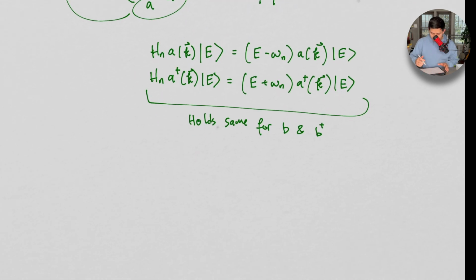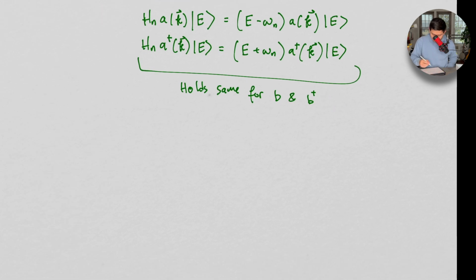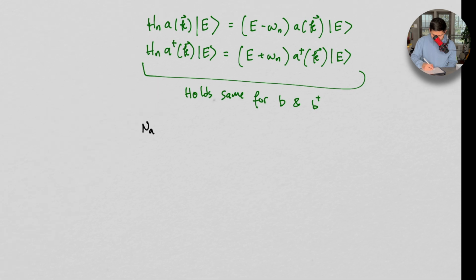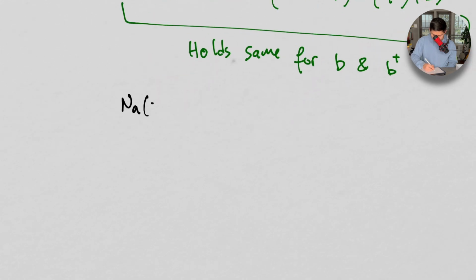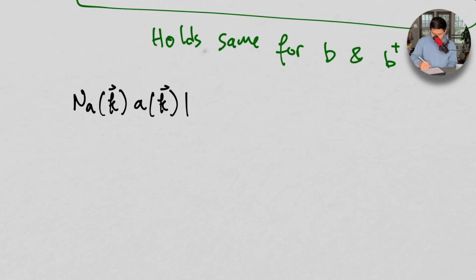Right. And what we're going to find again is NA. That's going to be our number operator at K, the number of particles with a certain momentum K. A dagger, we'll do A K for some total number of particles.